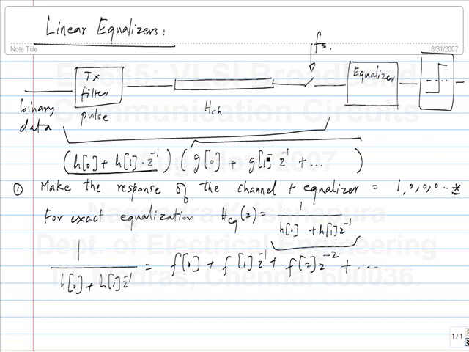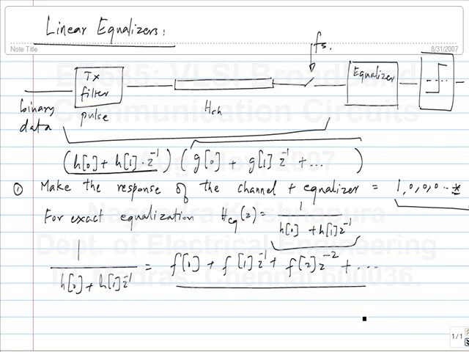Is F related to G in some way? We said that G is chosen so that the response of channel plus equalizer is 1 and 0s as many as possible. F is equal to G. In fact, this is nothing but a truncated part of this one.